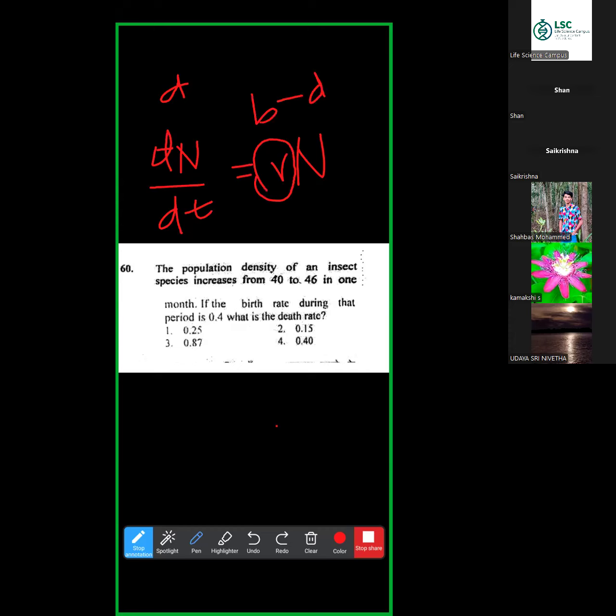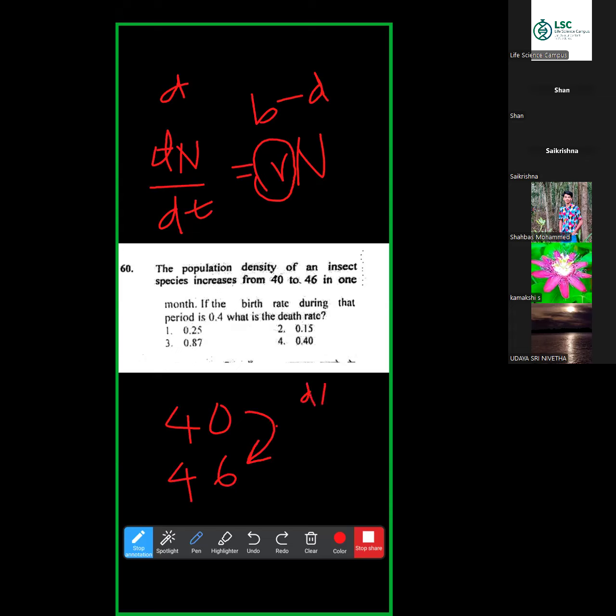So in the question, they have given only 40 and 46. What are this 40 and 46? N is the population size or population density. So the initial population size was 40 and in the next generation it increased to 46.